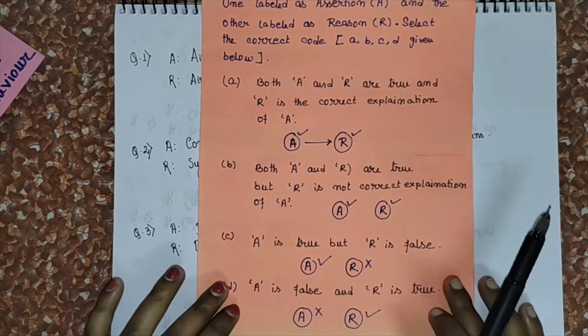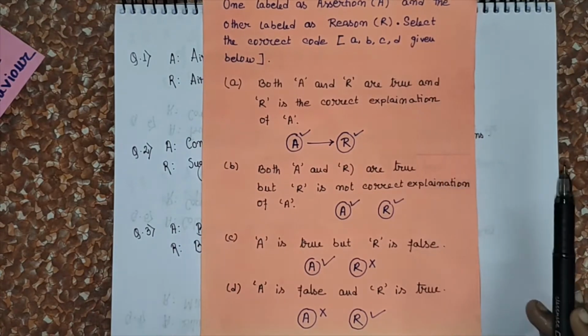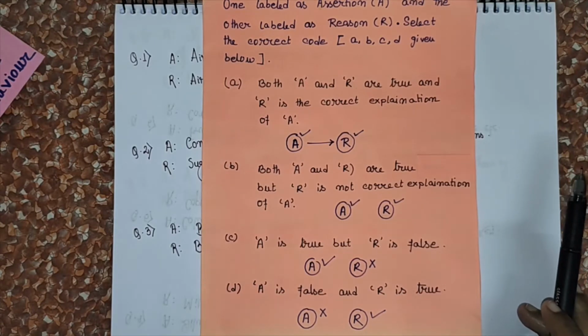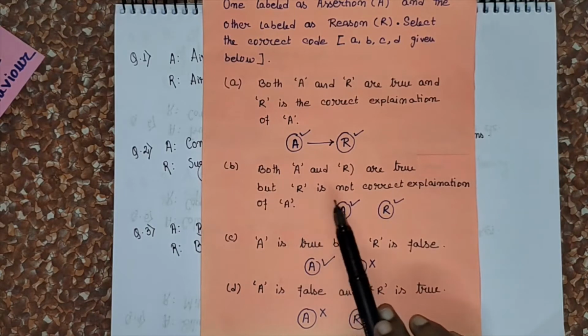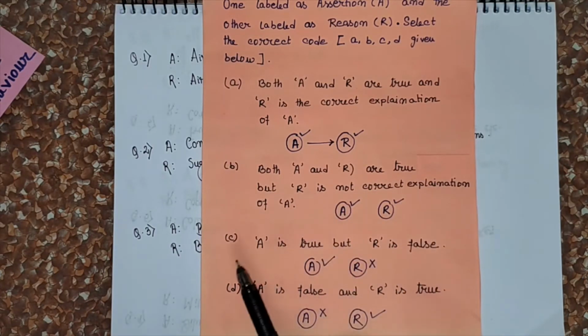Option A: both assertion and reason are true, and reason is the correct explanation of A. If you think that this option is correct, then you will go for A. Next, B: both assertion and reason are true, but reason is not the correct explanation of assertion. Option C: assertion is true but reason is false. And option D: assertion is false but the reason is true.